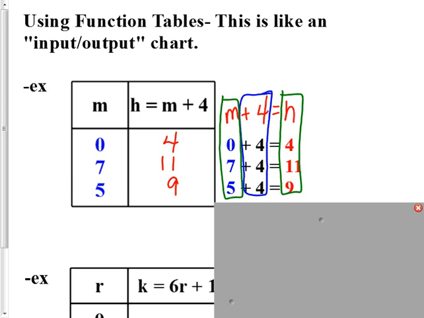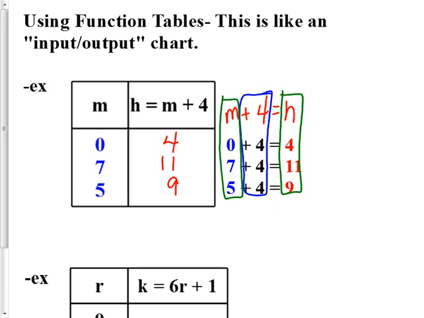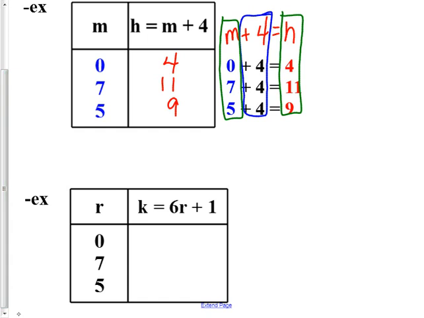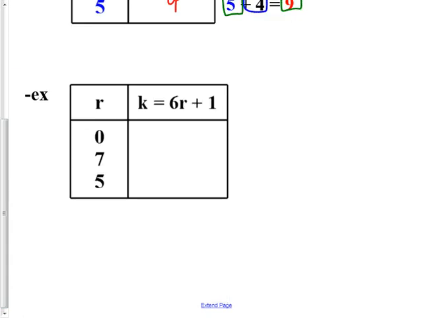Looking at another example of this, we have R, and we know that K equals 6R plus 1. So 6R plus 1 really means 6 times some number plus 1. So that's what we're going to do for each of our R values.